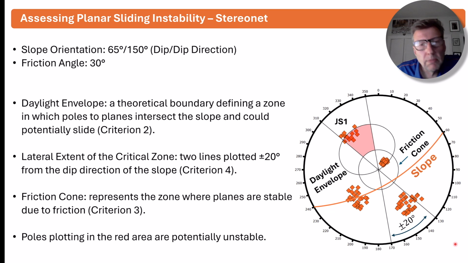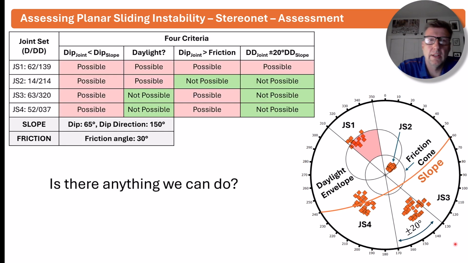But let's do an assessment on this. We have a table that contains the 4 criteria for planar sliding, the average dip and dip direction for the 4 joint sets, as well as the slope orientation and the friction angle. Recall that for sliding to occur, all 4 criteria must be met.